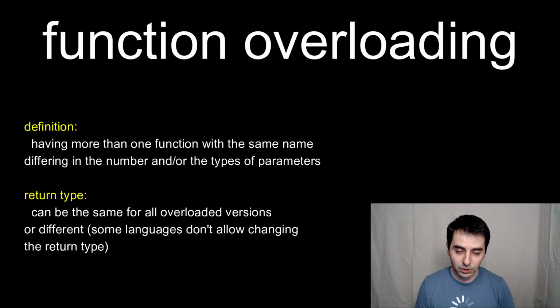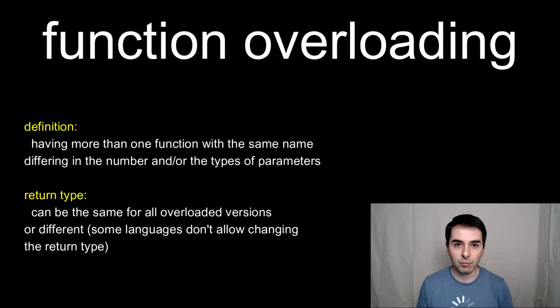So the second thing I want to mention is the overloading, function overloading, and what it means is creating multiple or more than one function with the same name, which accept different types of parameters or different number of parameters. So basically the function signature differs only by the parameter list, not the return type, or the return type is optional. It can change, it can stay the same, but the name has to be the same.